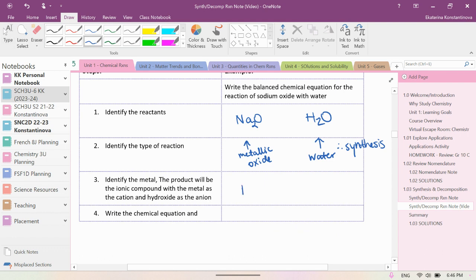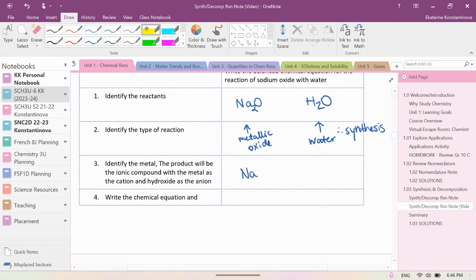Our metal in this case is sodium. The product will be the ionic compound with the metal as the cation and the hydroxide as the anion. Very important to remember: whatever your metal is, that will be in a compound with hydroxide. So if I add hydroxide, we get NaOH, and that is our product.